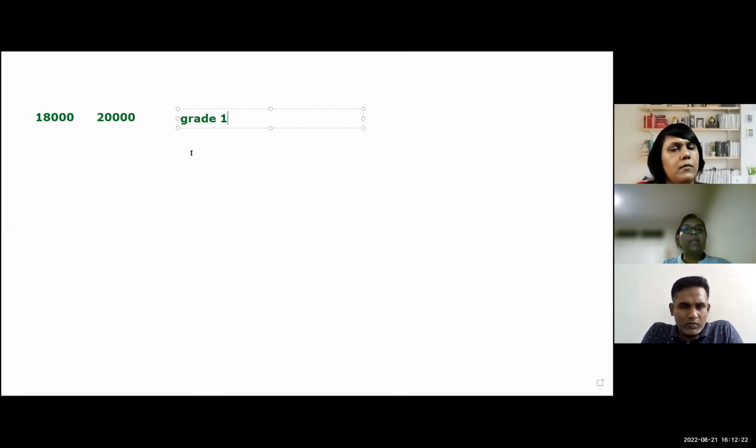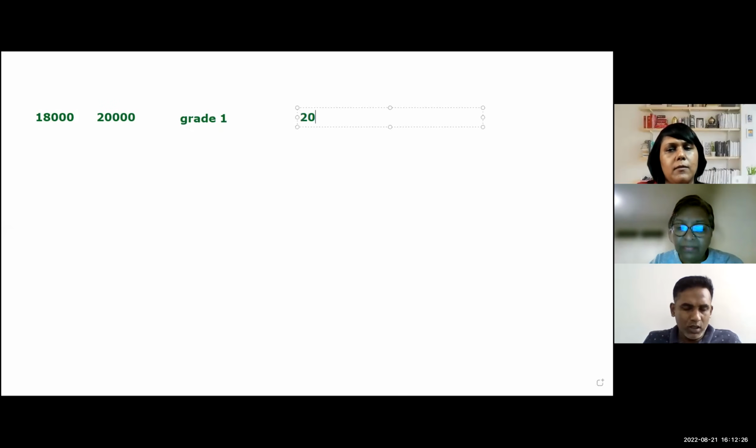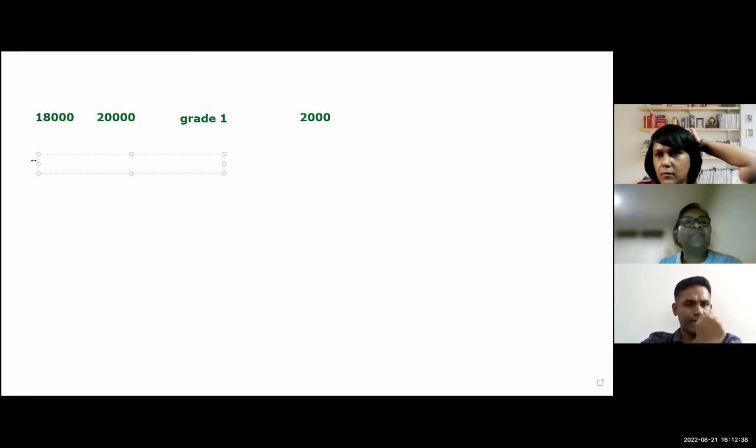Okay. Now, the difference between that is only 2,000. Now I need to look at here: what is the tenure in terms of shifting from grade 1 to grade 2?